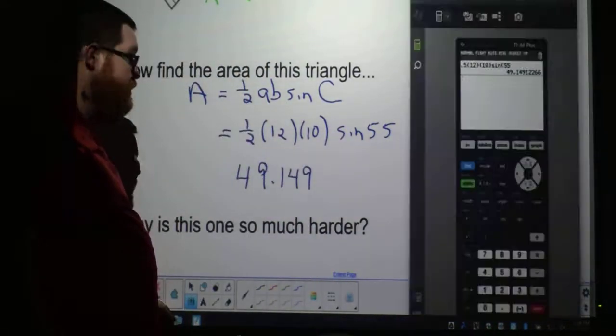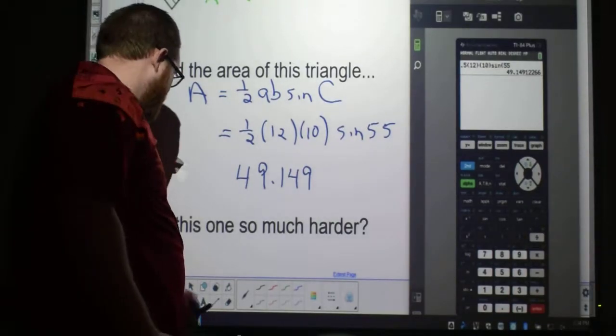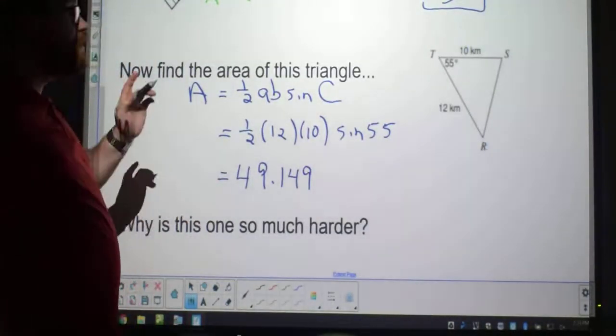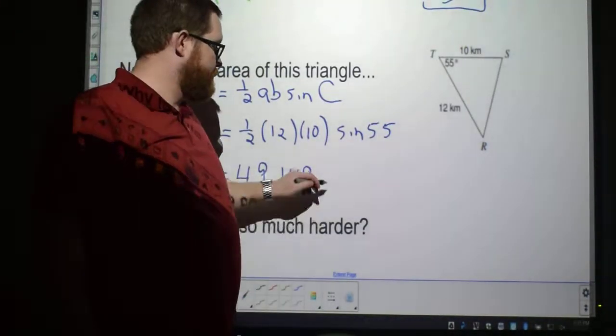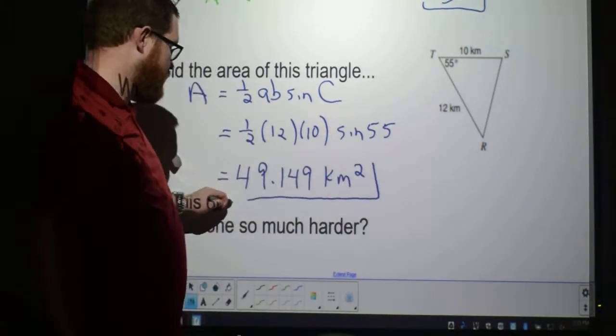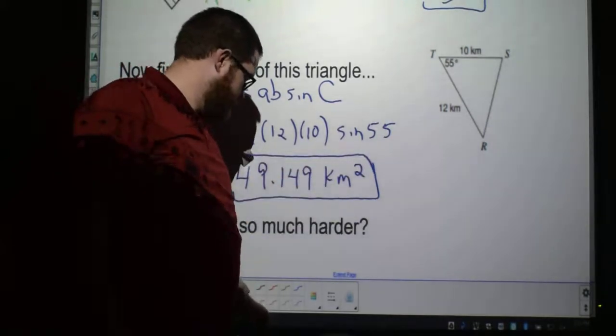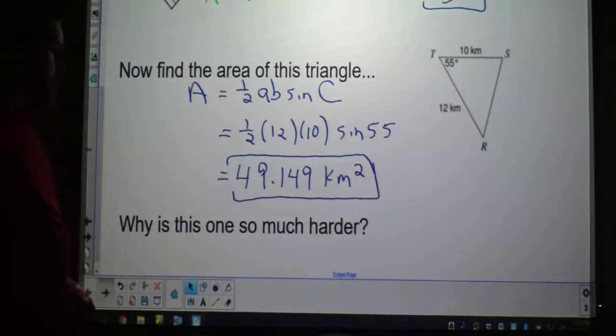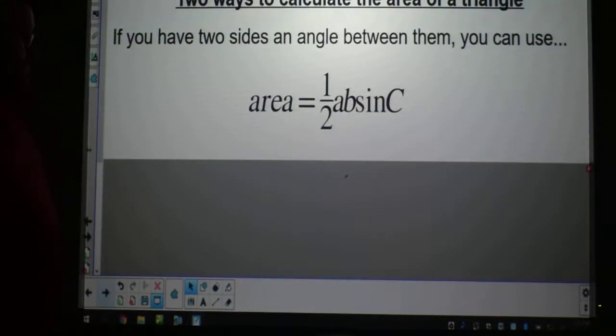Is that right? Yeah, 49.149. I gave you units in the problem, so you have to give me units back. Area is always whatever squared, so square kilometers. So that's one formula we can use.